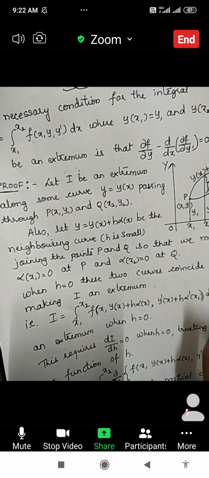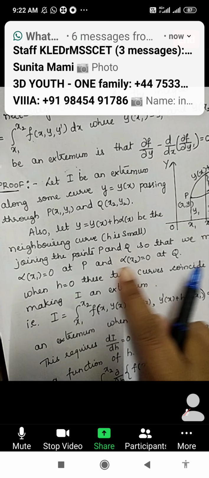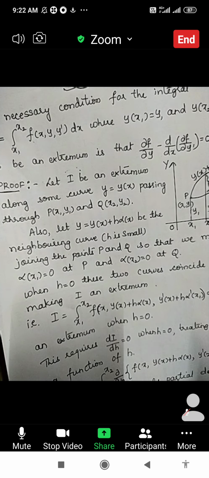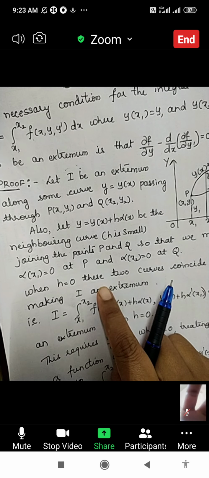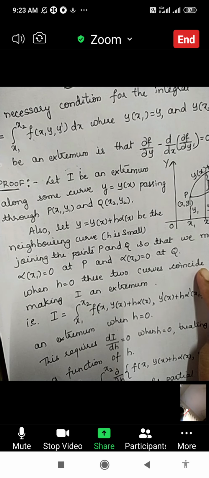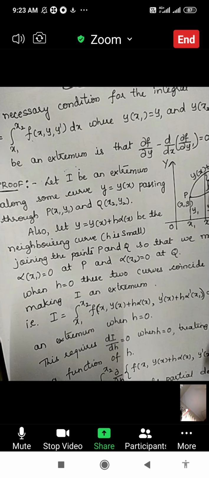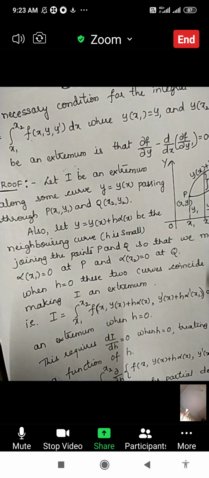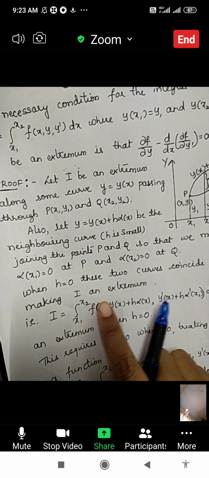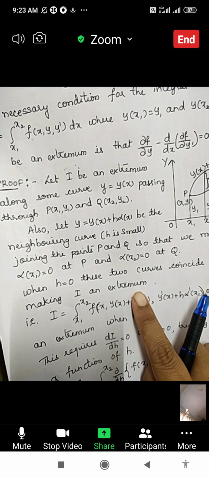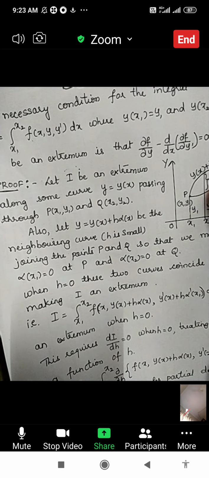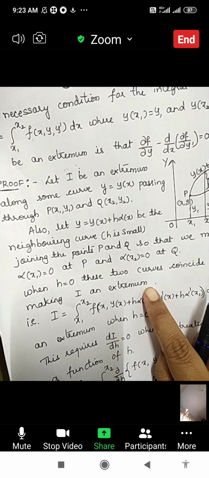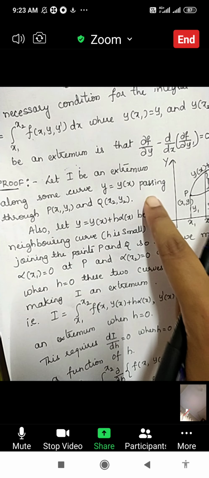We are putting some condition over there, and this is to be used at the end. So don't forget. When h equal to 0, these two curves are going to coincide, right? When this h quantity is 0, obviously this curve will coincide with y of x. That time I becomes extremum, because what is being told here? I is extremum along the curve y of x. Done? Is this paragraph clear?